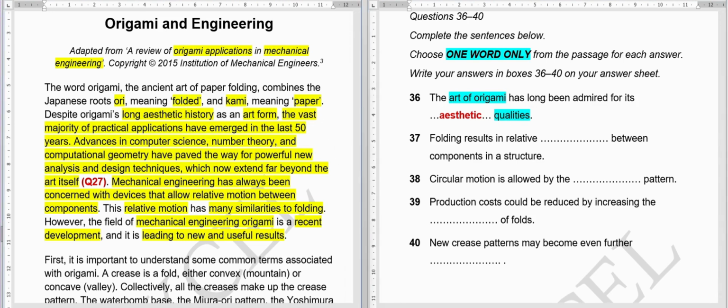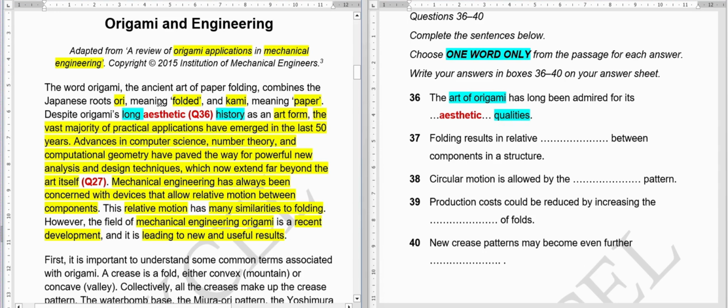So let me mark it here. Where it is written, the art of origami has long been admired for its aesthetic qualities. Yes, here, let me change the color.